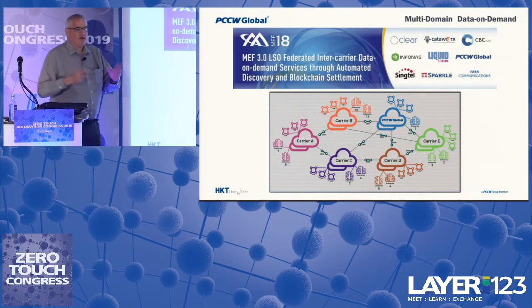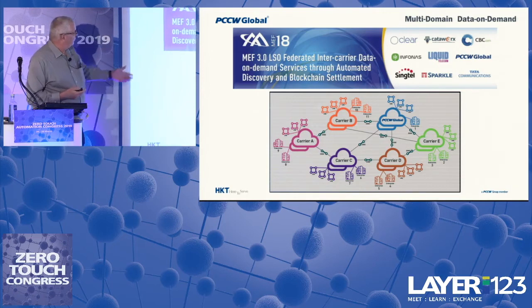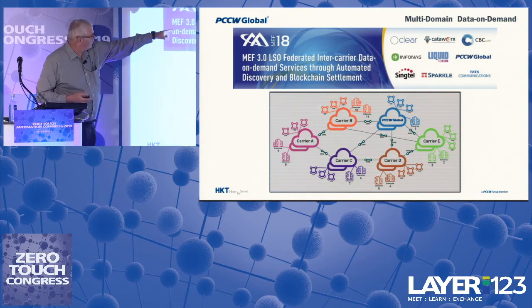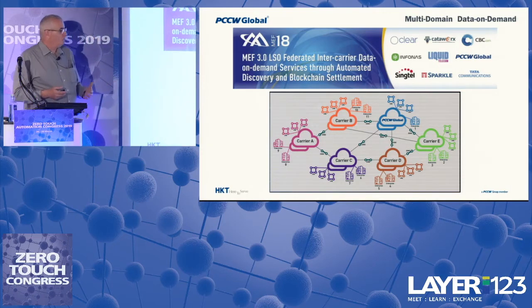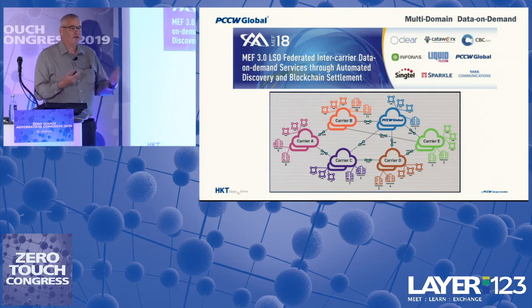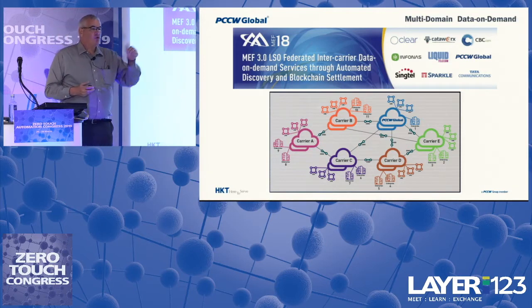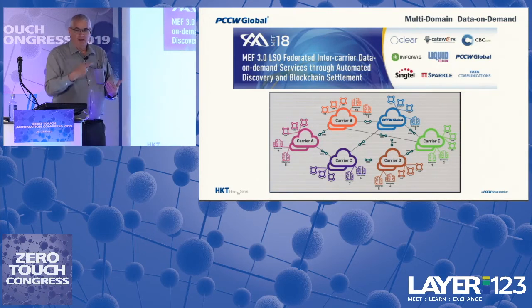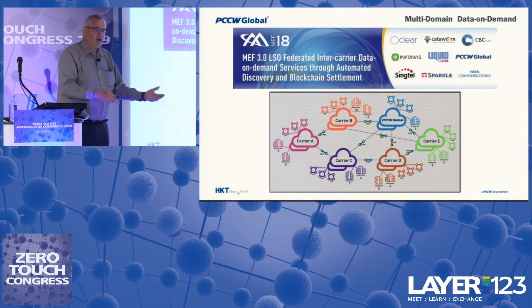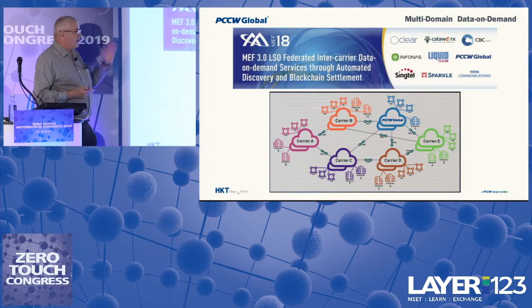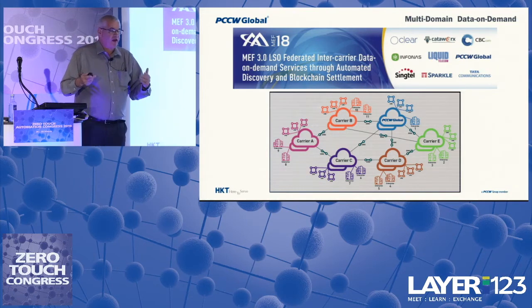Multiple carriers, each having their own language, each having their own way to define their services. What Cutterworks, which is the vendor there in the center on the top line, did was they developed a standardized catalog. So it's now easy to search their catalog. And for the purpose of this POC, they improved their catalog. So it doesn't only respond to a query by searching itself and saying yay or nay, and then offering a price if yay. It also refers to other catalogs in case the answer is nay.